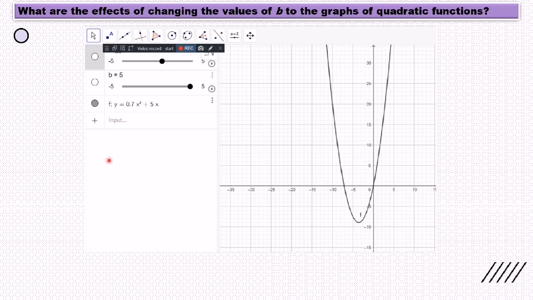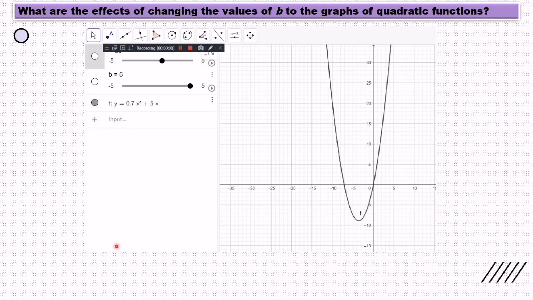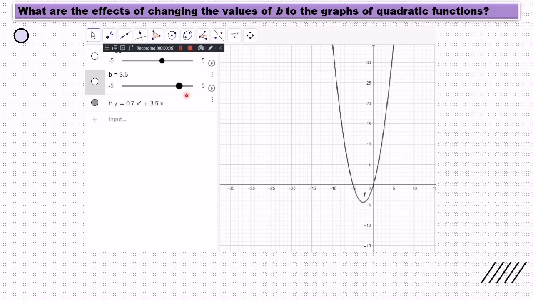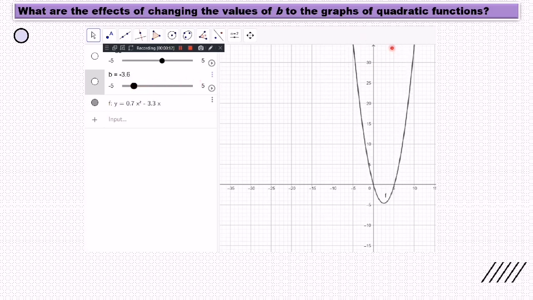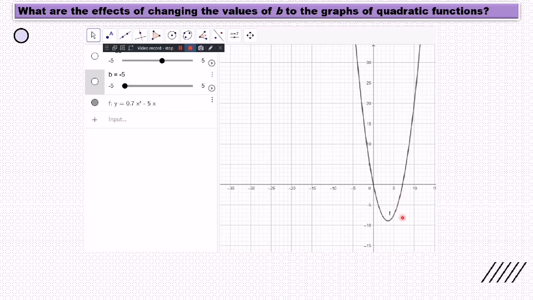To know further, let us look at this graph. When b is greater than 0, the axis of symmetry lies on the left of the y-axis. Whereas when b is negative, the axis of symmetry is on the right of the y-axis.